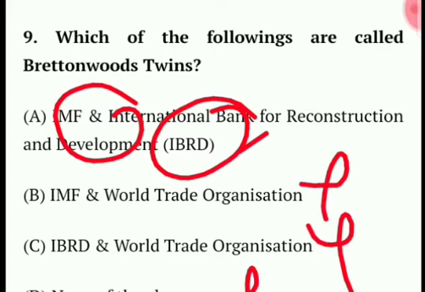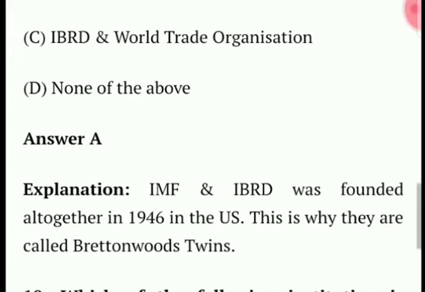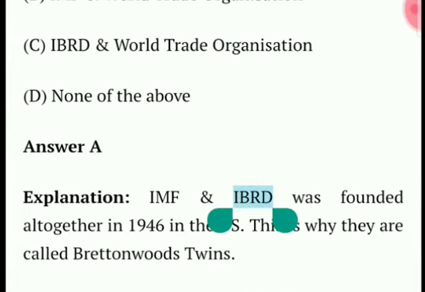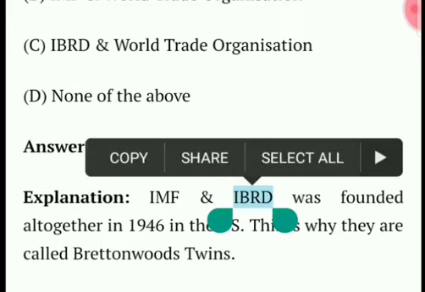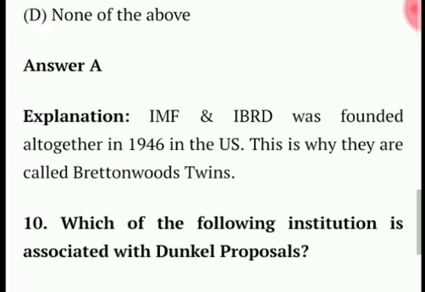None of the above is also wrong, because of IBRD and IMF. If there were World Bank and IMF, that would also be correct. So IMF and IBRD were founded together in 1946 in New Hampshire, US, and this is why they are called Bretton Woods Twins.